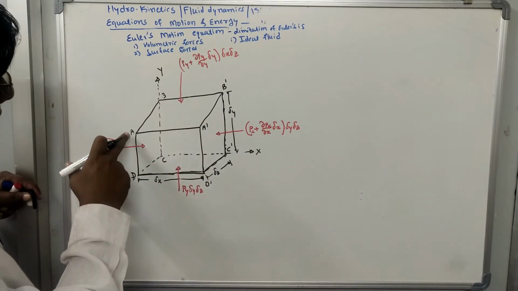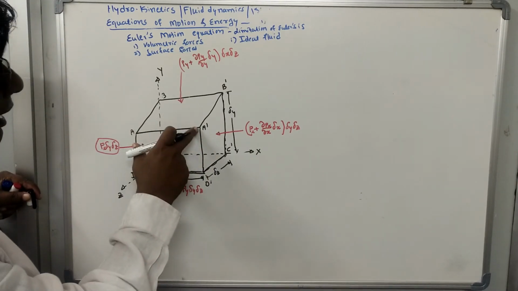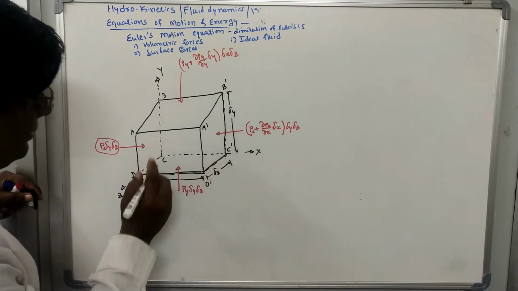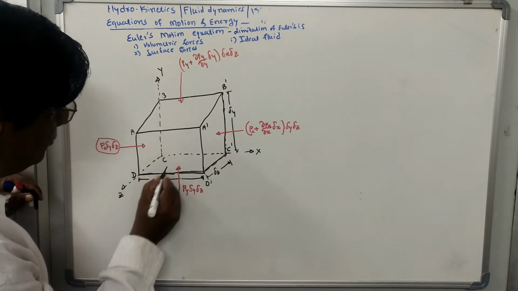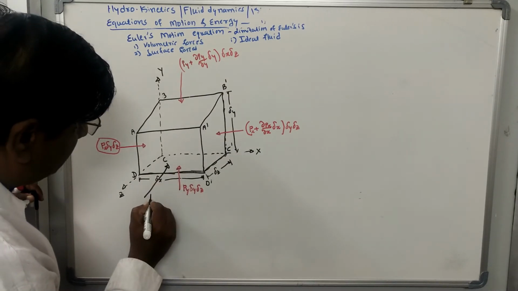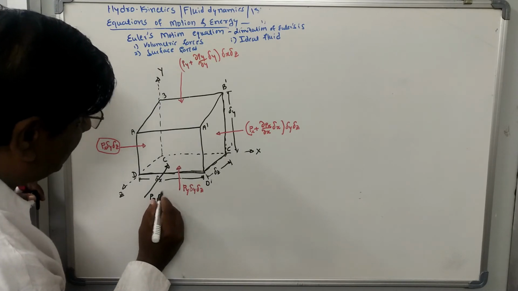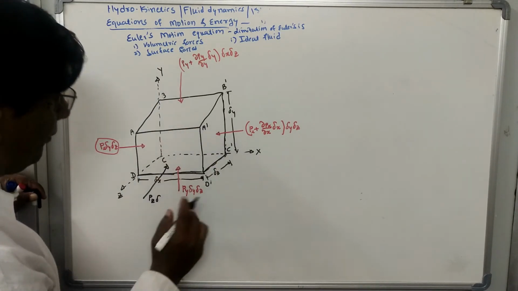Now similarly, take the plane A dash, D dash, D, whose normal is in the z direction. I will mark this force like this. This is Pz, and the surface area is delta x and delta y.